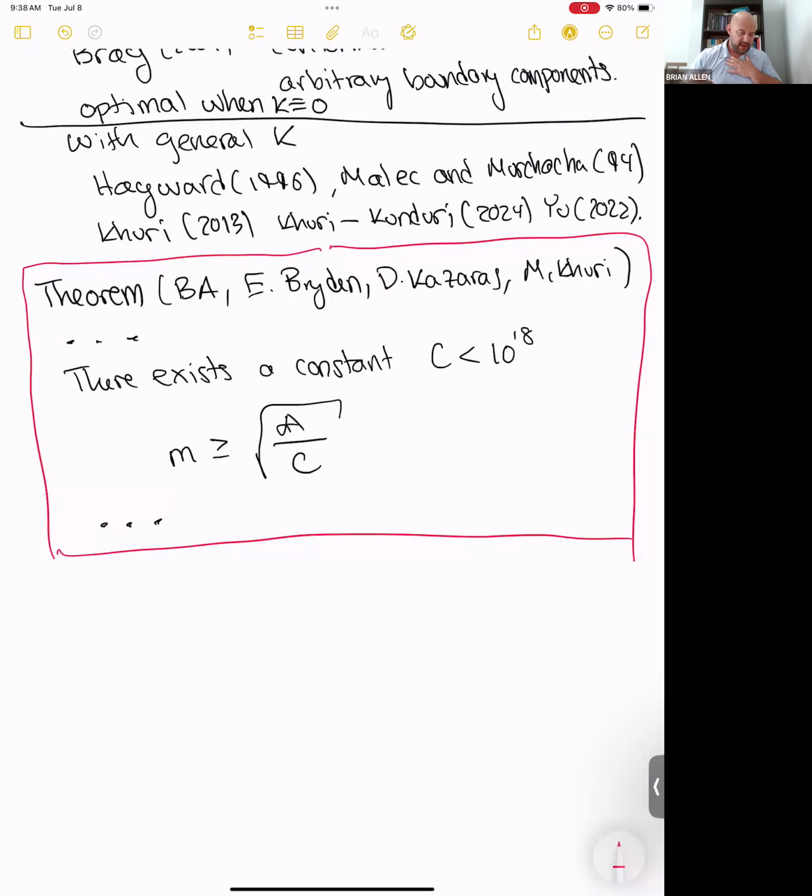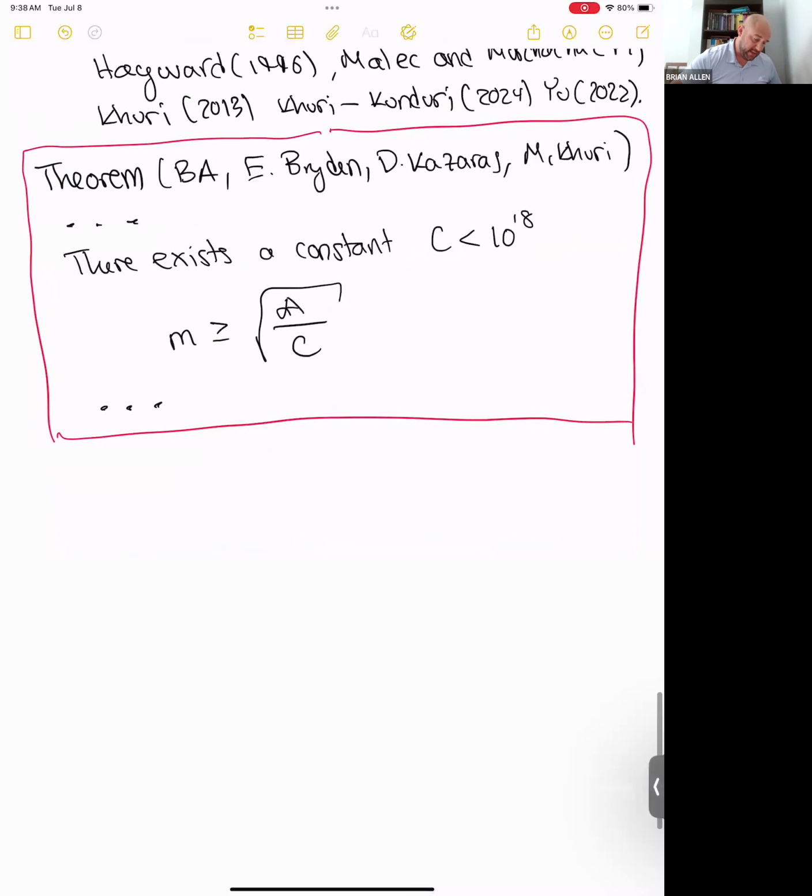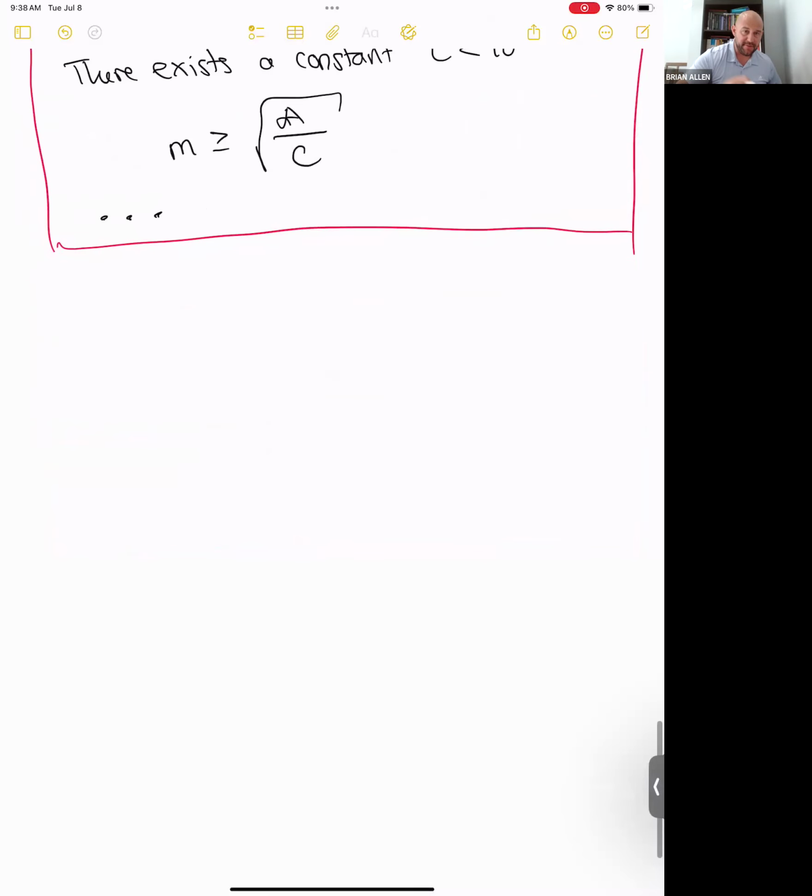Now I want to give an indication of the proof, and I'm just going to give an indication of the steps. The first and second steps I'm going to wrap into one. So this is the Jang graph. And maybe instead of stating the theorem, let me state this proposition actually.